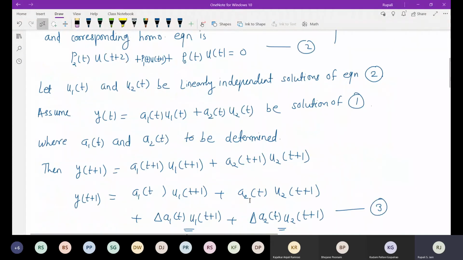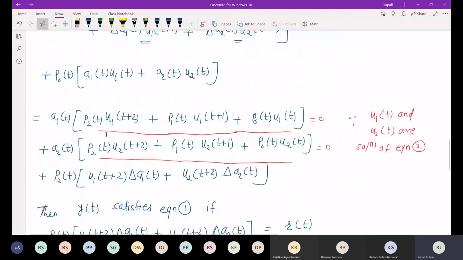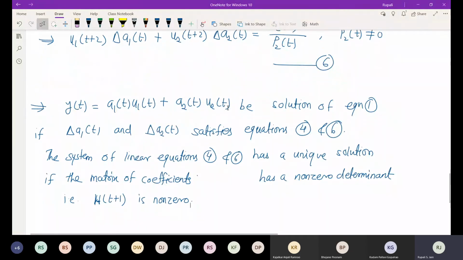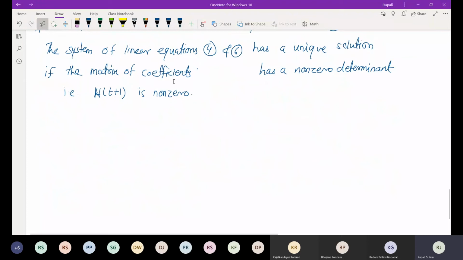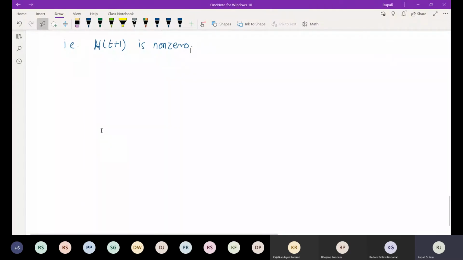In a similar process, we will have 3 equations in 3 unknowns delta a1t, delta a2t and delta a3t, so that the matrix of coefficients has a non-zero determinant. That system of 3 equations in 3 unknowns has a unique solution if the Wronskian is non-zero. In a similar way, we can generalize for any n.